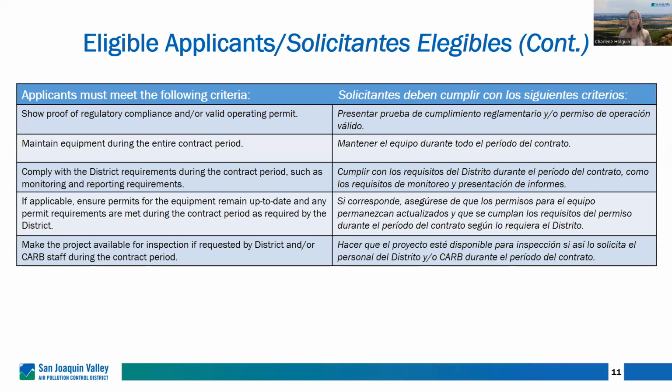They must show proof of regulatory compliance and any operating permits, maintain equipment during the contract period, and comply with all the district requirements during the contract period, such as monitoring and reporting. And if it applies, ensure that permits stay up to date and obtain any permits necessary. We also ask that the applicant, during the contract period, make the project available to inspections either by the district or the California Air Resources Board.